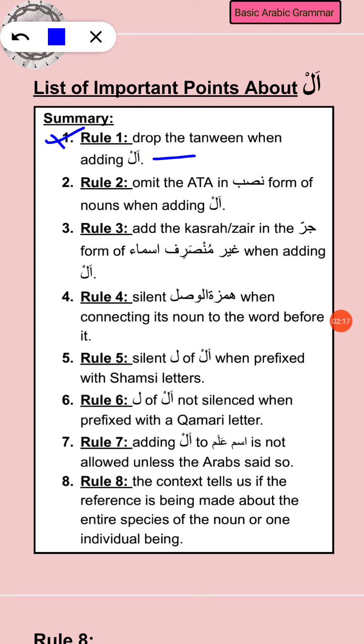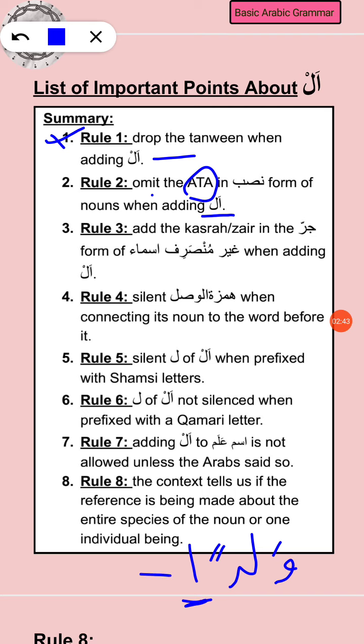Okay, next point: omit the ATA. Now, ATA is the after tanween alif, or post tanween alif, as I like to call it. So in the nasab form, we omit the post tanween alif when adding al. This simply says that if I have waladan, this is the post tanween alif.